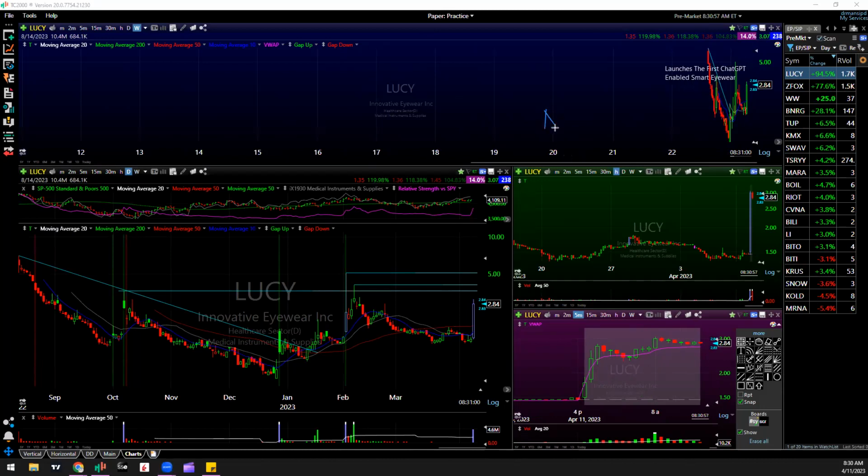So if this is the opening candle, once it breaks this and makes a new high, that is when I would want to enter. This level. Okay. So the stop would be at the low of day. So it would be at the bottom of the first candle.